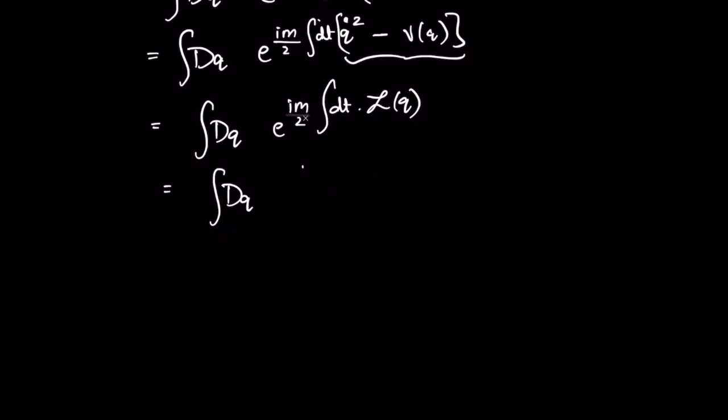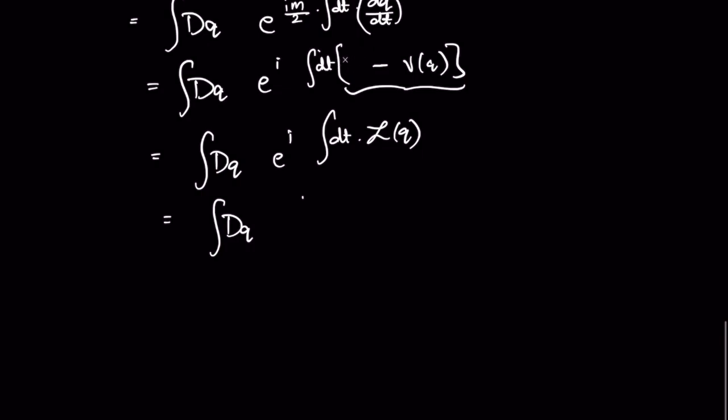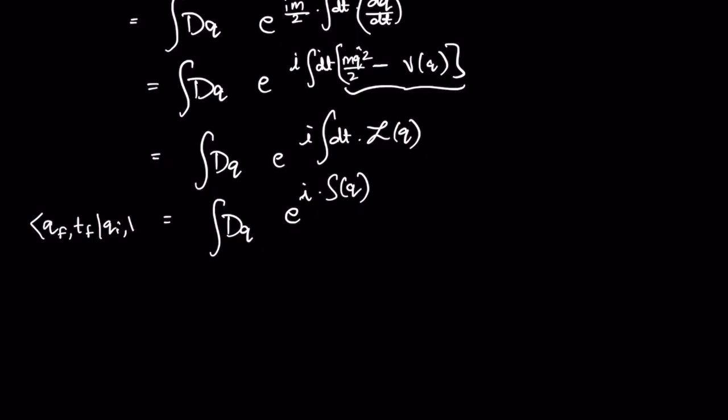Alright, so the mass does go into the Lagrangian. Call this for that, so we'll go m q dot squared over 2, and i will be lingering outside there and lonely. So we'll go e to the i integral dt L, which is just the action, which is the propagator that we defined initially: U(q_final, t_final; q_initial, t_initial).